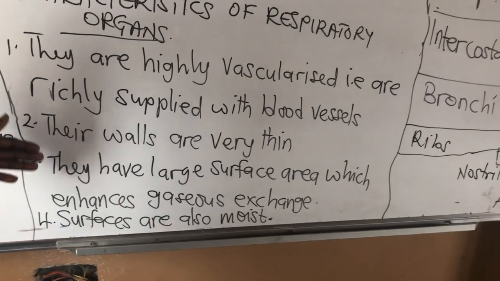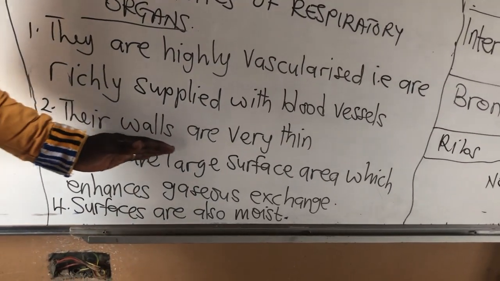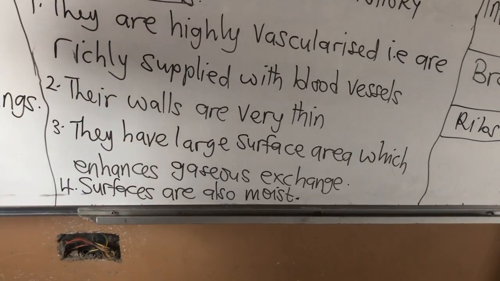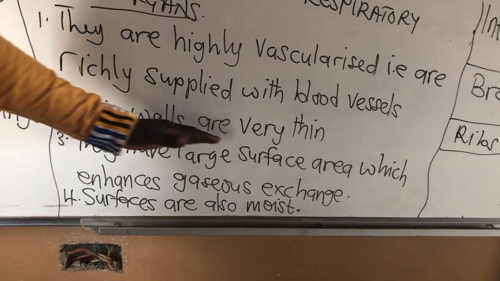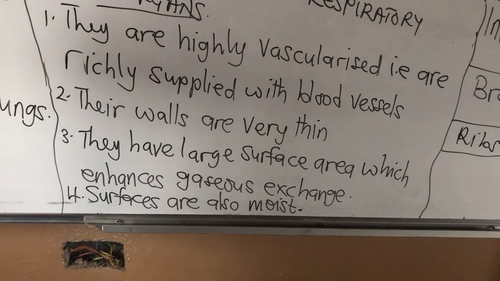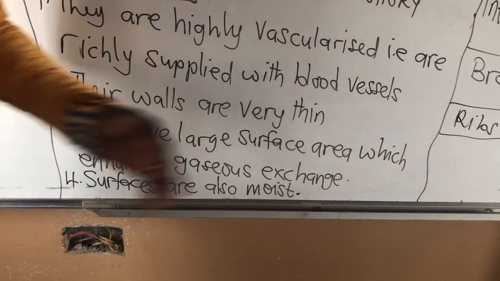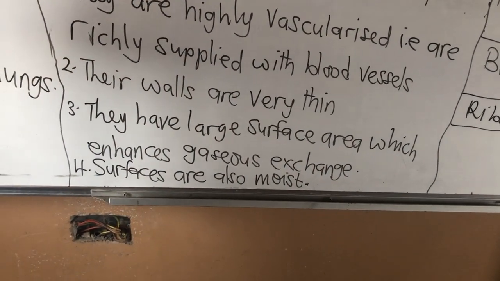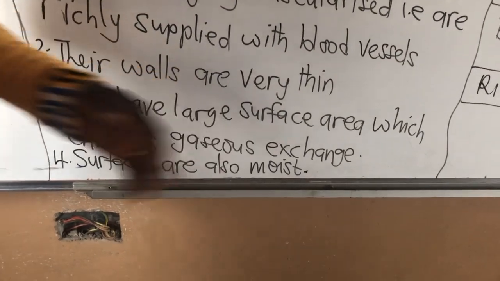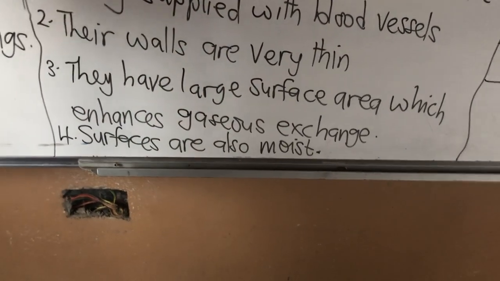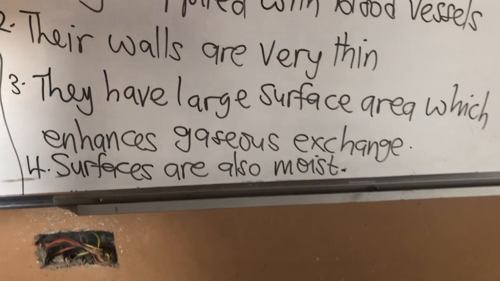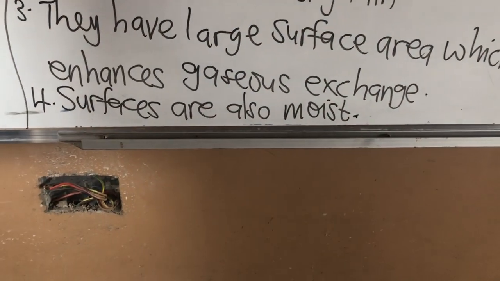The organ walls are very thin. They have a large surface area which enhances gaseous exchange. And by gaseous exchange, we are talking about the oxygen and the carbon dioxide.